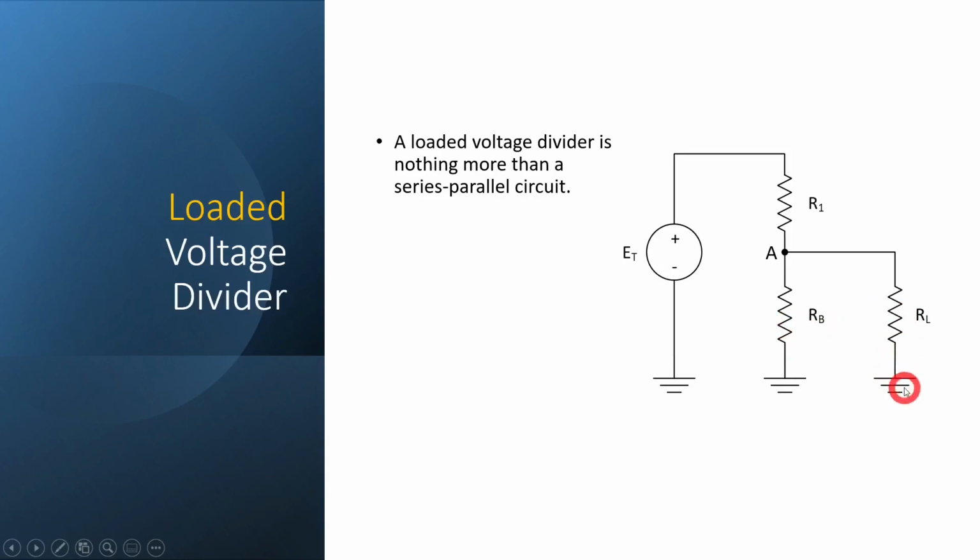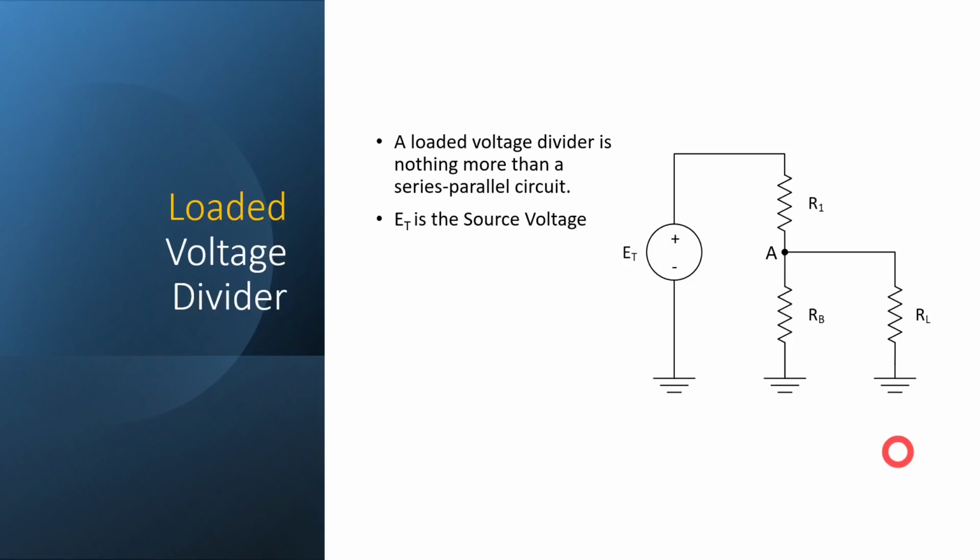And then again, we're showing all 3 of these legs going into ground, which means that these are all the same point electrically. We could have easily drawn a line across here, but again, this load could be on page 10, this bleeder resistor could be on page 5, and the power supply could be on page 1. So we use this ground symbol in a large schematic to show that they're all going back to the same point electrically.